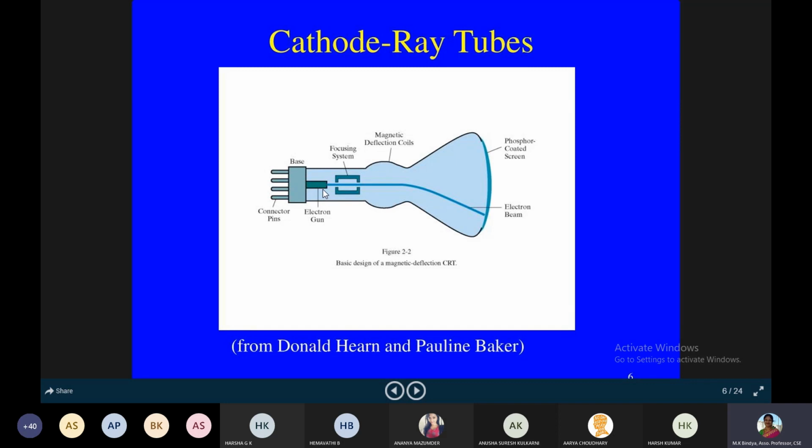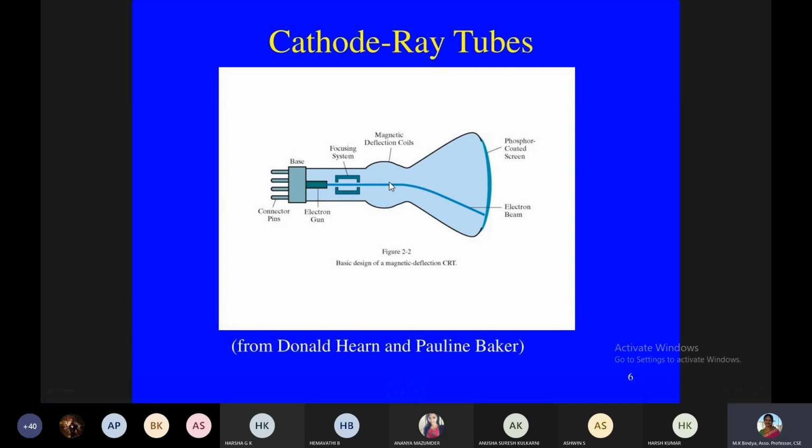And this electron gun, what will it do? This electron gun will generate the electron beams, and they must pass through the focusing system as well as the magnetic deflection coil.